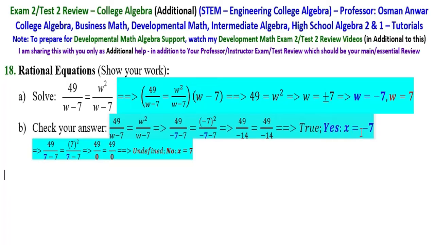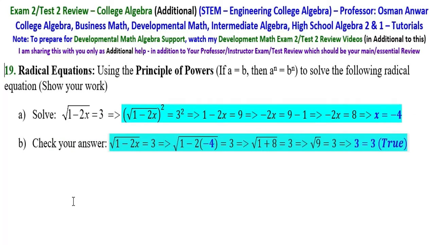That means yes, w equals minus 7 is the solution. Then for w equals 7, 49 over 7 minus 7 equals 7 squared over 7 minus 7, which is 49 over 0 equals 49 over 0. This is undefined. That means no, w equals 7 is not the solution.